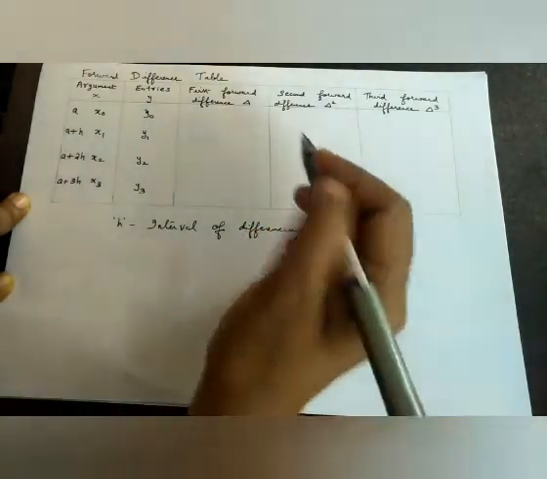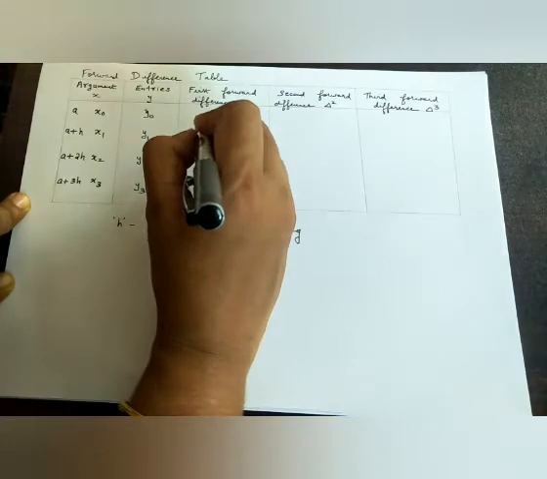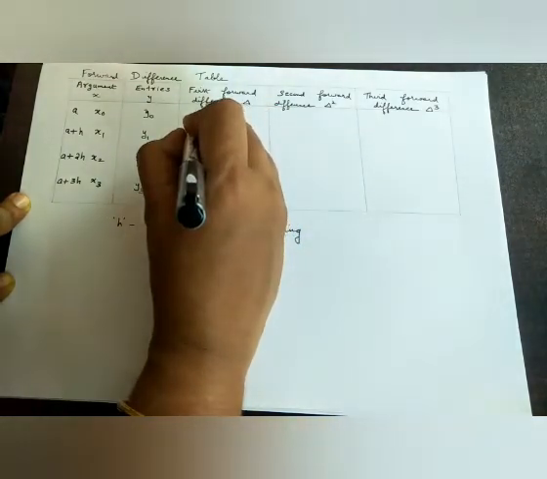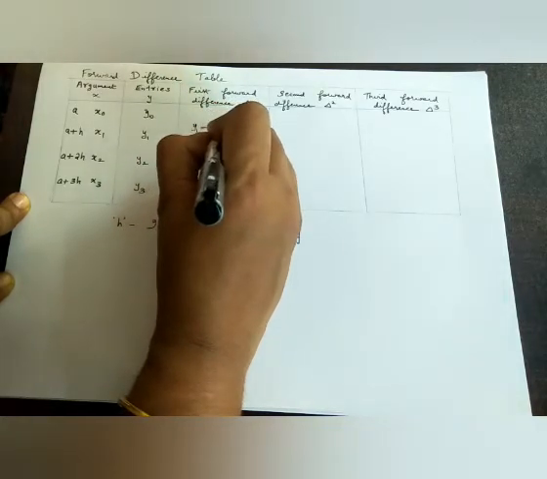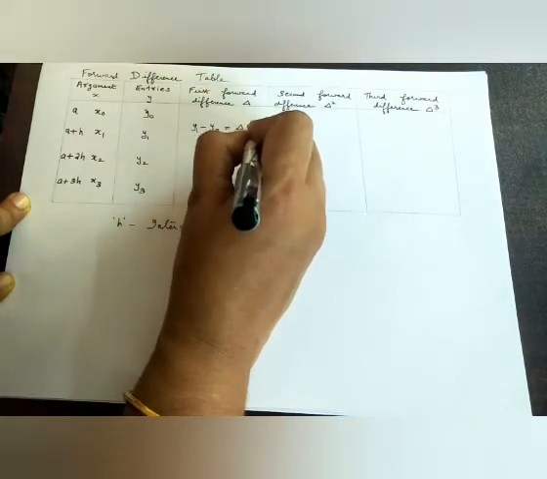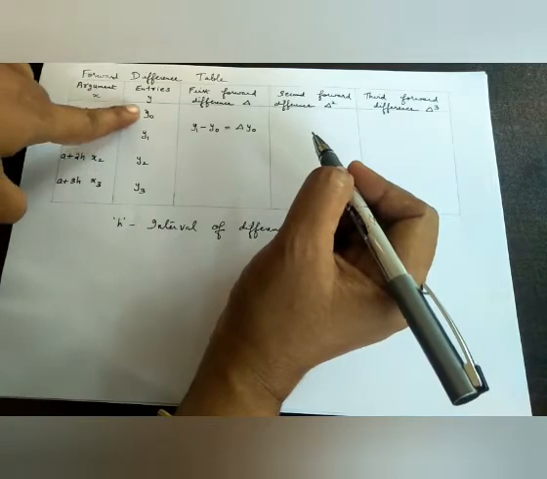Now the differences. The first forward difference, that is delta of y0, can be denoted by y1 minus y0. It is equal to delta y0, because I am writing in between y1 and y0.